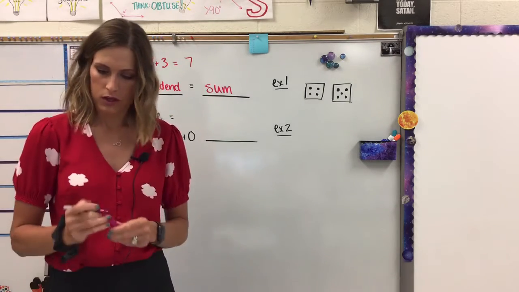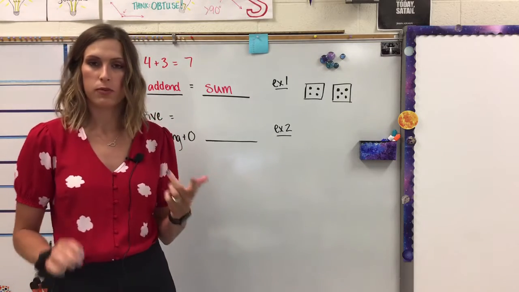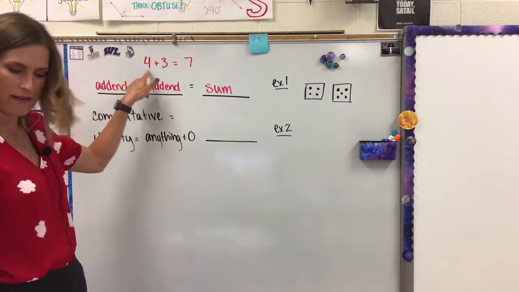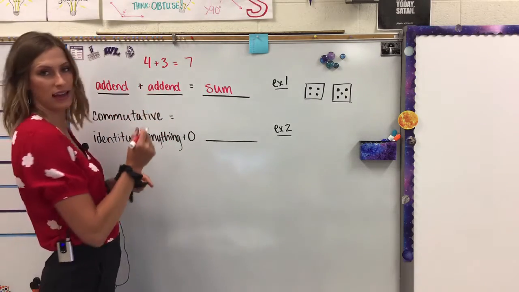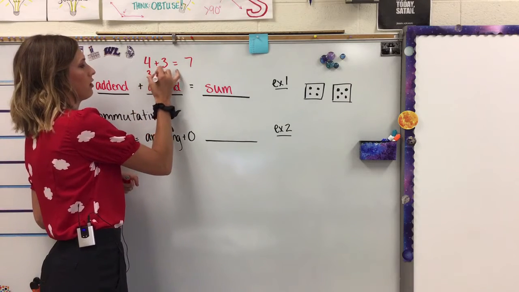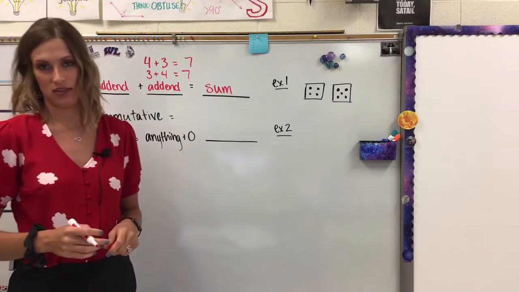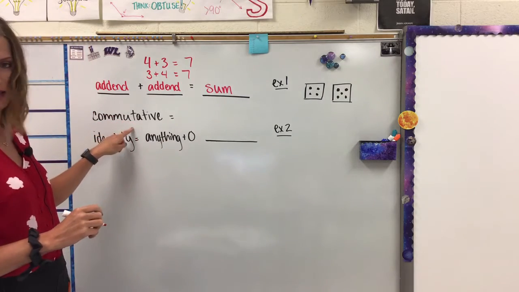Now, when we have those 2 addends, we can use the commutative property, and what we're going to do is just switch them. So instead of having 4 plus 3 equals 7, if I switch those addends and make it 3 plus 4 equals 7, I still get the same answer. That property of addition is called the commutative property.